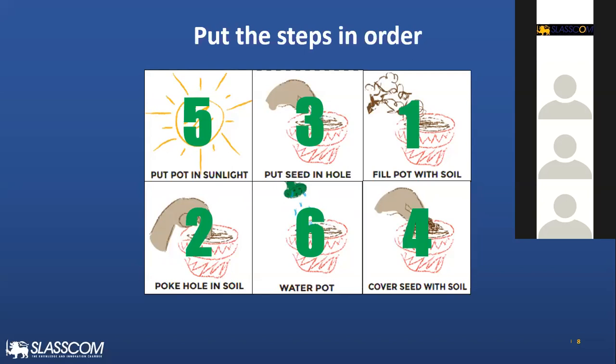So basically, coming up with an algorithm first needs removing unnecessary steps, and the second step is putting the steps in order. I kindly request you to mute if there are background sounds, please.